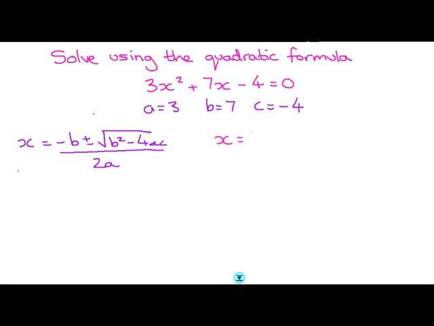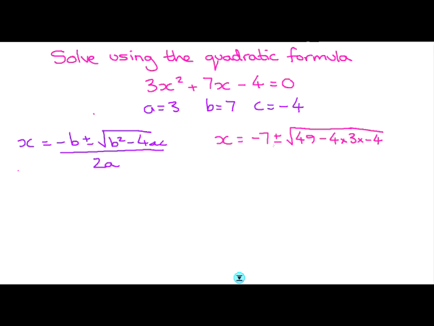So it's negative b, so if b is 7, that's minus 7, plus or minus the square root of b squared, so that's going to be 49, minus 4 times a times c, which is negative 4.